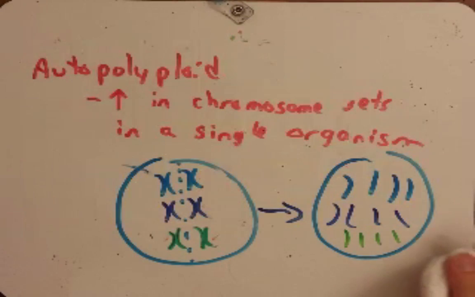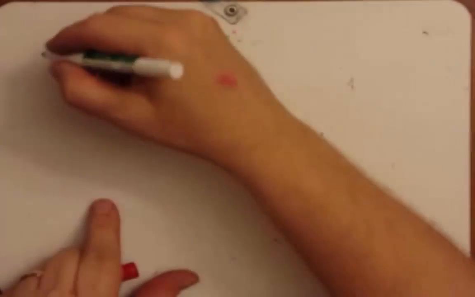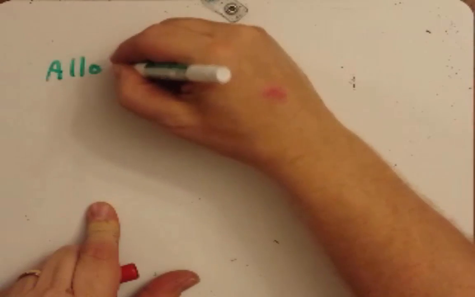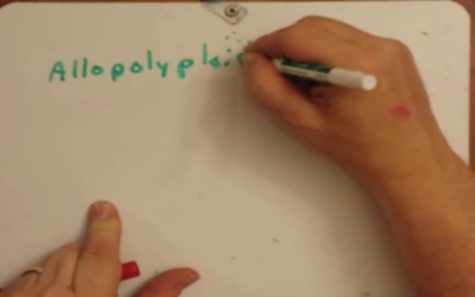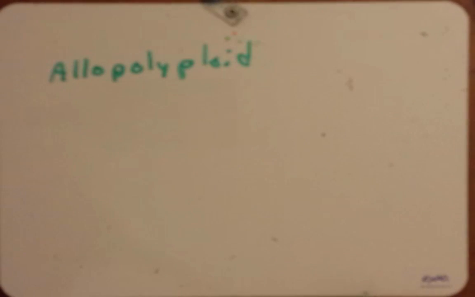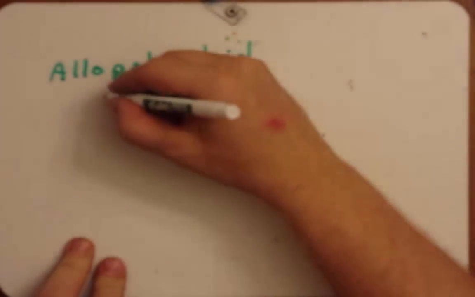Okay, I want to talk about one more term here, and this other term is called allopolyploid. And this is a polyploid organism that contains more than one chromosome set, but they come from different species.